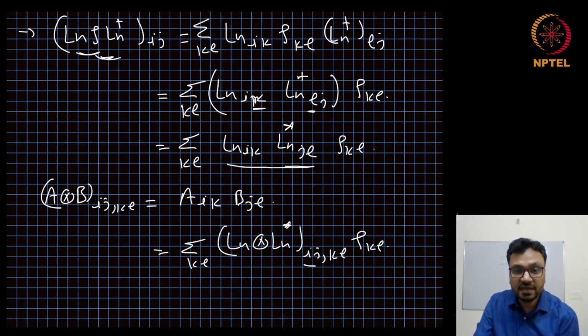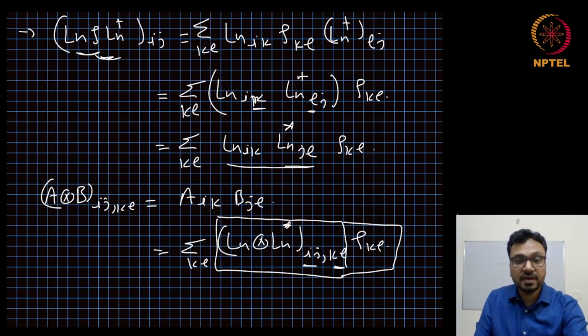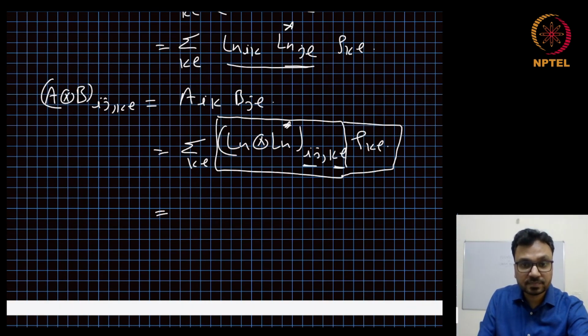Now if we identify ij with one index and kl with another index, then this equation will look like as if we have a matrix multiplied with a vector, and the ijth element of that will be sum over kl.